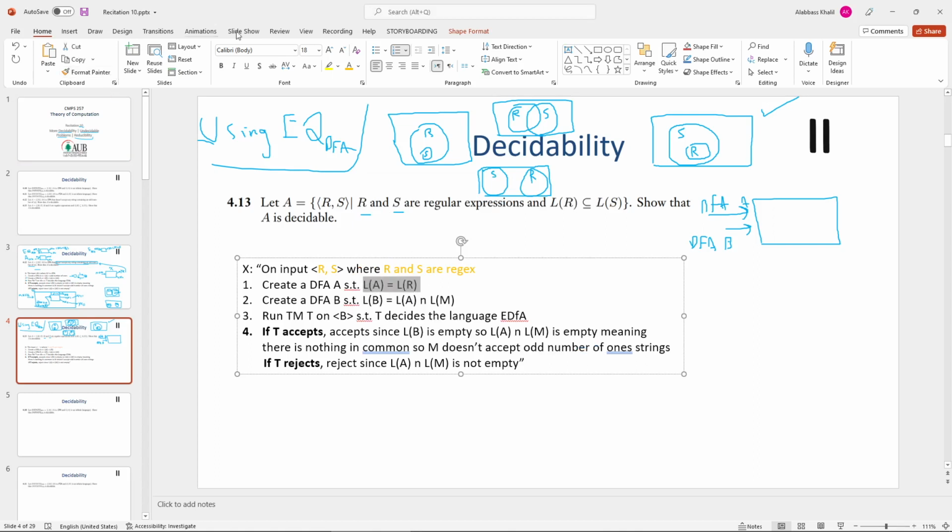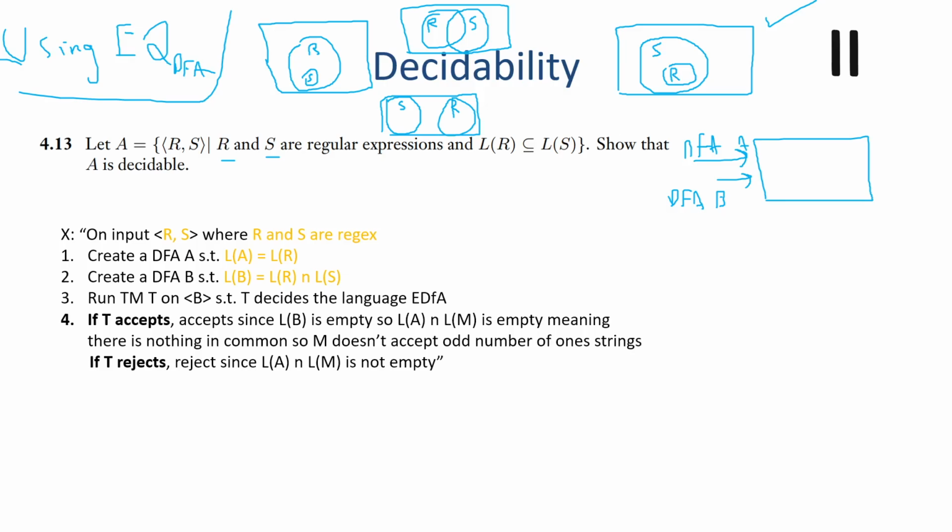So this is the change we made here. Then we'll make another one, language B, such that it's the language of R intersection S. Why do I want to do that? Well, you have R and you have R intersection with S.